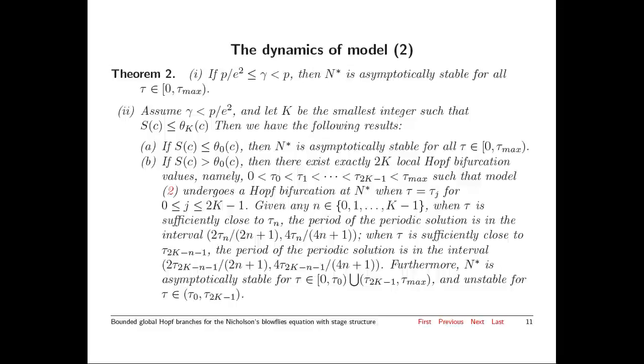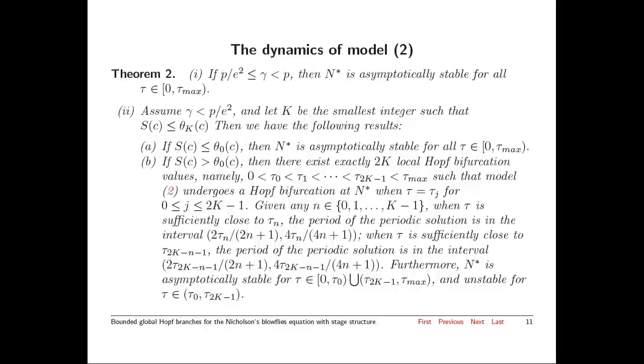But if S at C is larger than theta naught at C, then there exist 2K local Hopf bifurcation values. So it means we have a finite even number of Hopf bifurcation values: tau naught, tau 1, up to tau 2K minus 1.